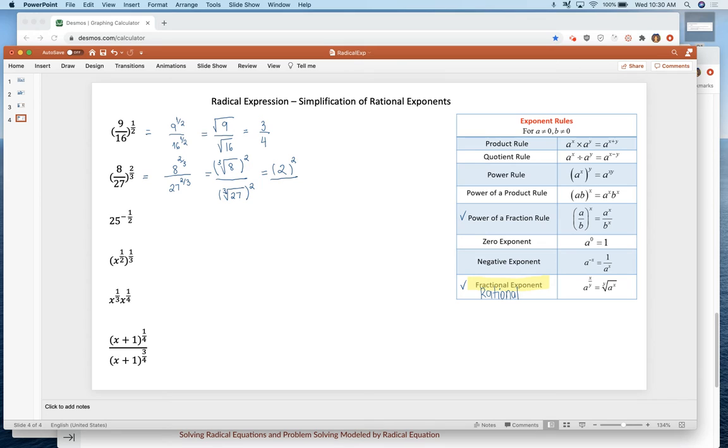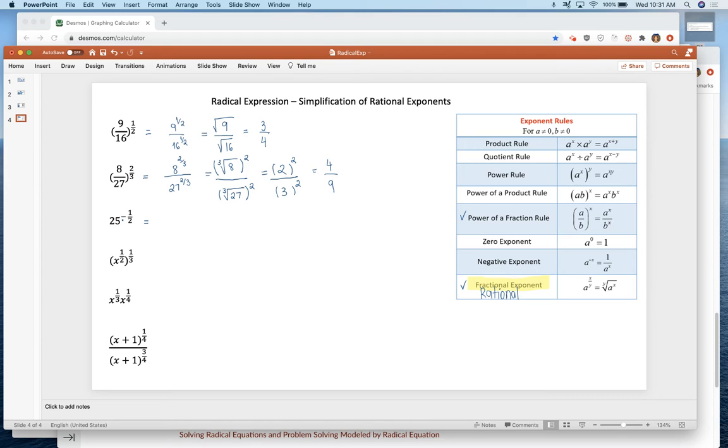Cube root of 27: 27 is a perfect cube, 3. 3 times 3 is 9, 9 times 3 is 27. And I have squared. So here it will be 4, 2 times 2, and here is 3 times 3. So this simplified and reduced represents the fraction 4/9.